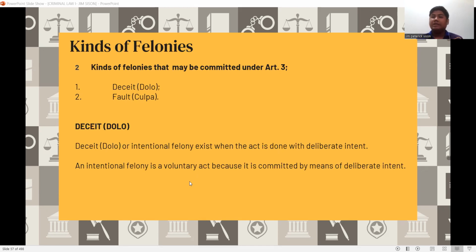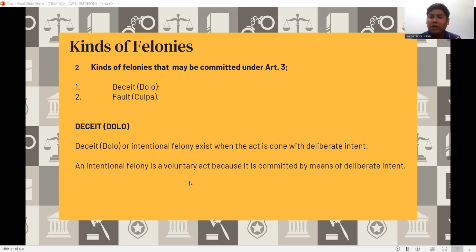What do you mean by deceit? Deceit or intentional felony exists when the act is done with deliberate intent. Intent to kill. It is a voluntary act. So an intentional felony is a voluntary act, done with free will, nobody forced you.